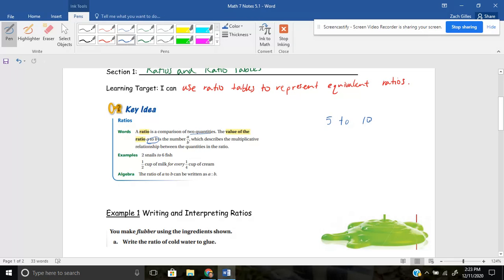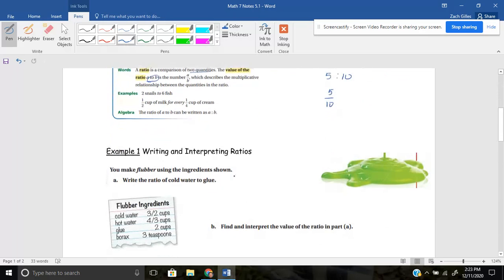You could write that with a colon. You could say 5 to 10 this way, or you could say 5 over 10. Notice that whatever comes first also goes in the numerator of your fraction here, right? So a ratio can be written as a fraction, or with the colon, or with the word to. Lots of different ways to write a ratio.